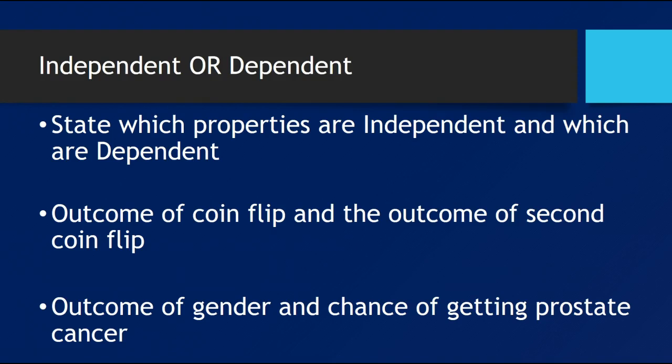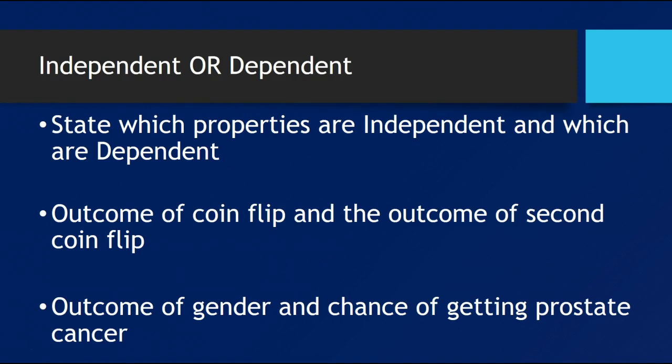Now, let's look at the other one. Let's say outcome of gender and getting prostate cancer. If I pick somebody out at random, I say, what's the probability that they're male? And I pick somebody out at random and I say, what's the probability that they have prostate cancer? Well, if they have prostate cancer, there's a very high probability that they're going to be male, right?